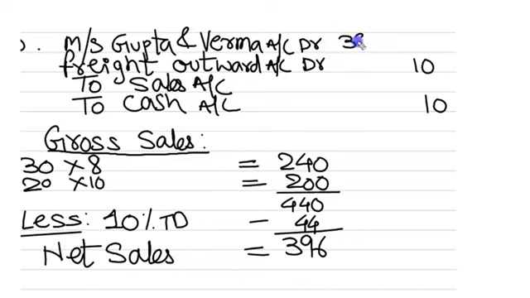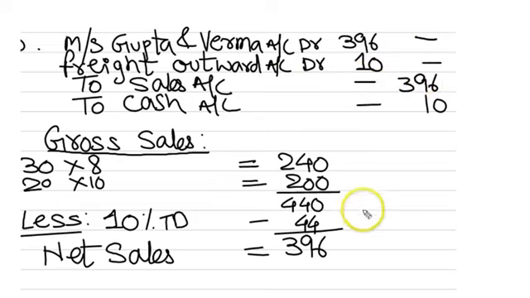So 396 will be debited to their account, freight outward will also be debited 10, and the sales will be 396. So this is how I calculated the net sales. Trade discount is to be deducted but never to be recorded.